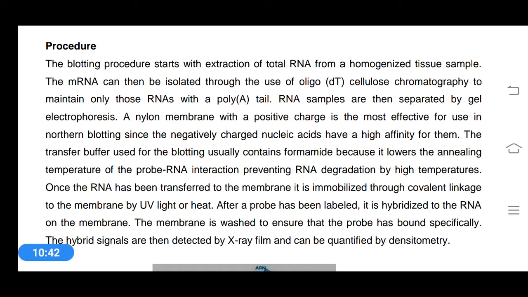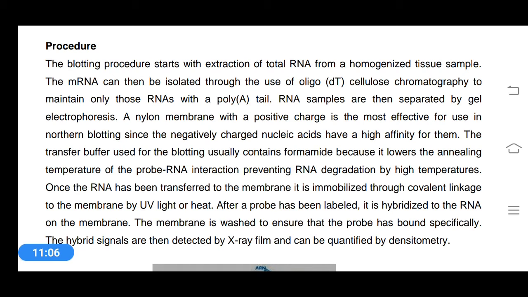The RNA sample will then be separated by gel electrophoresis. Separation and identifying mRNA using oligo-dT cellulose chromatography, and it will again undergo the gel electrophoresis process for separating the strands.